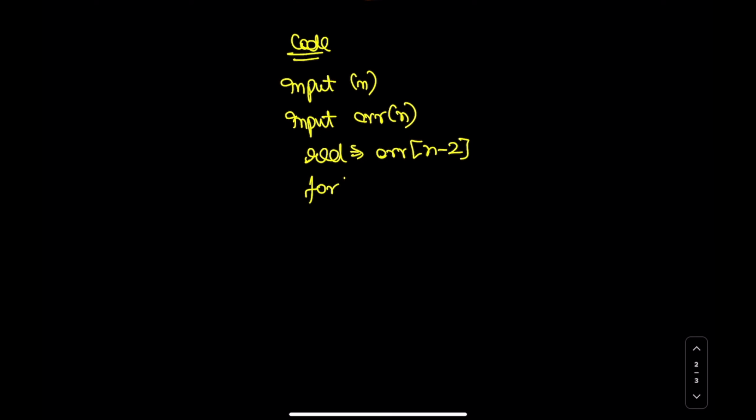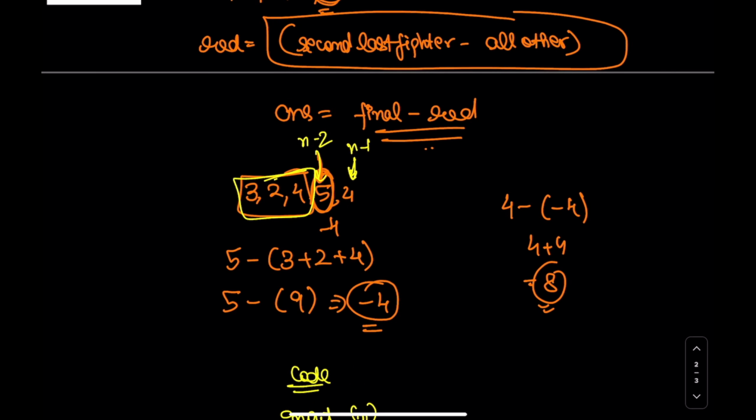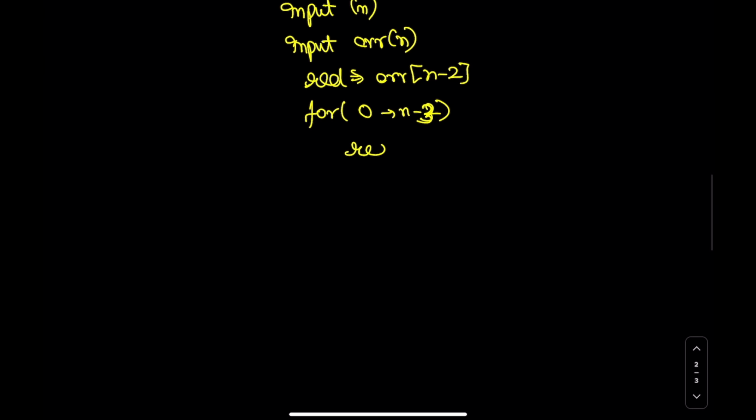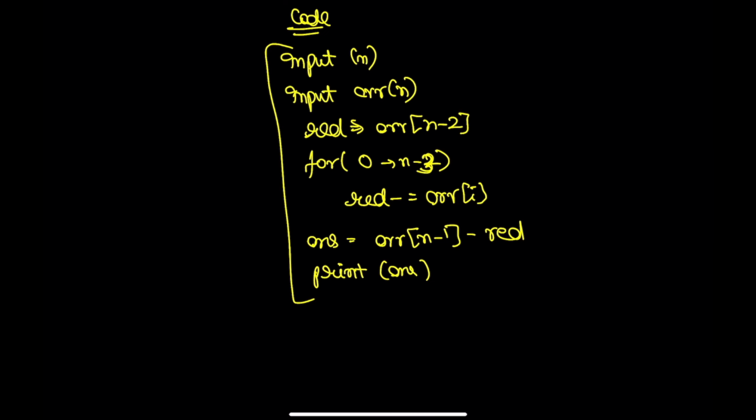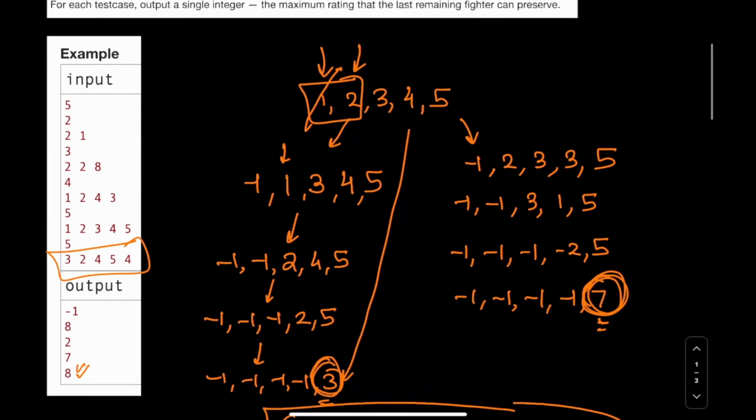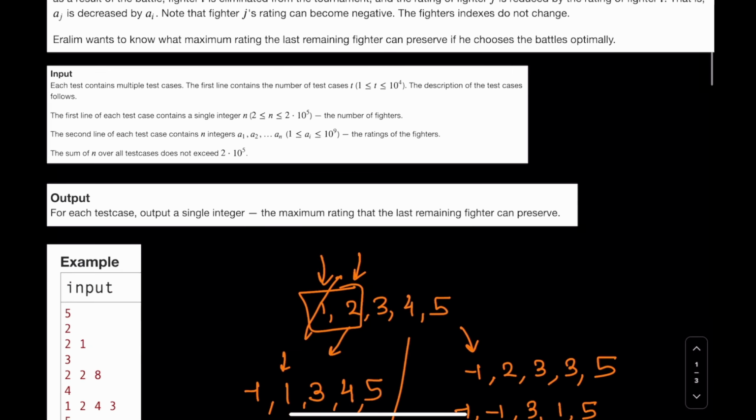And we will have a loop from 0 to n-3, the n-3rd element. We'll loop over these and reduce the reduction by that amount. And in the end we will have an answer that would be the final health minus the reduction, and we would print the answer. So that is all we need to do in this code. I hope you understood the problem. Now let's move on to code the same.